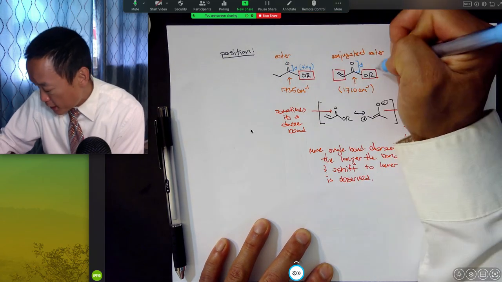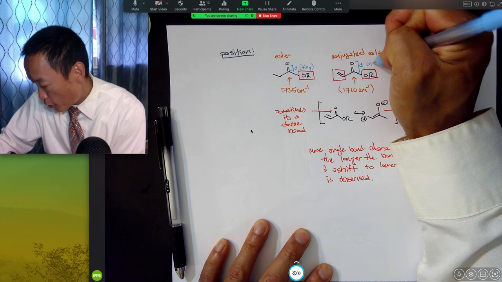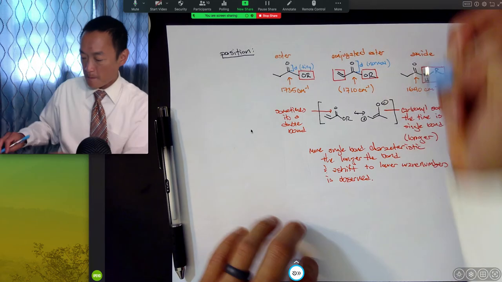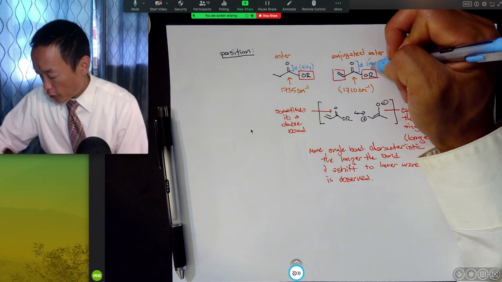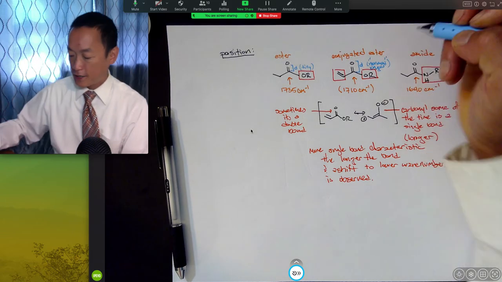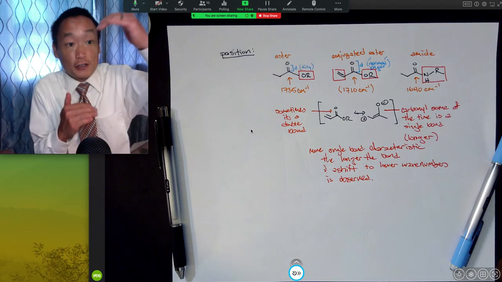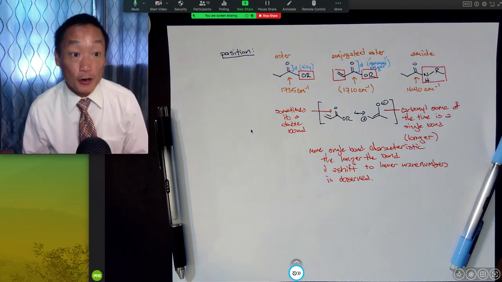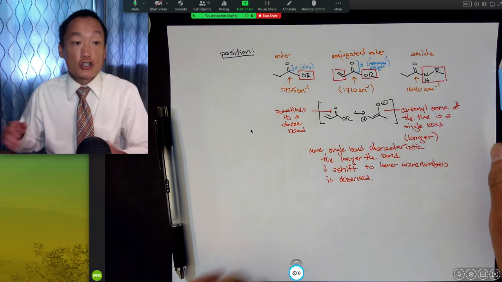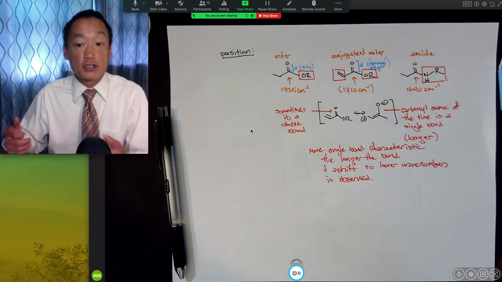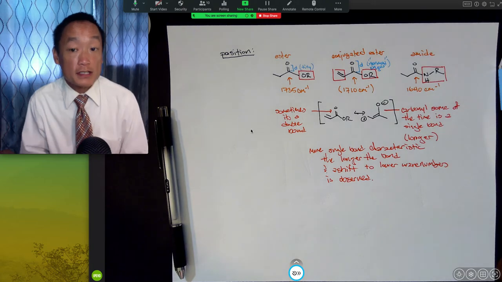We'll write d tiny, d normal. Longer. I know this is real scientific, but because that bond is a little bit longer, it's going to absorb a different energy, and the correlation is that that energy should be a wave number that is shifted to a lower wave number to excite that bond.